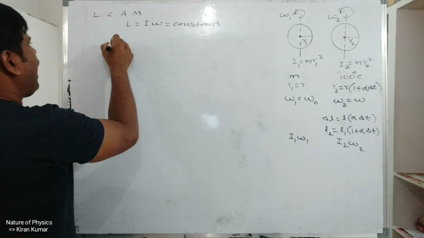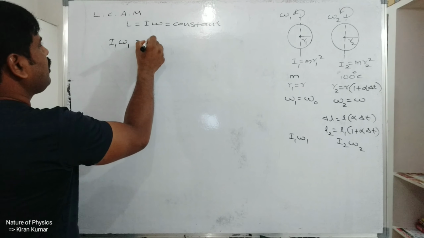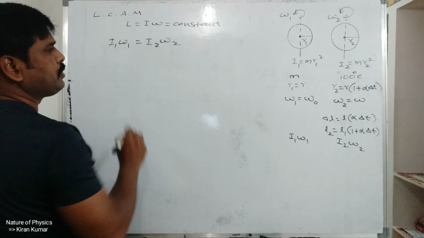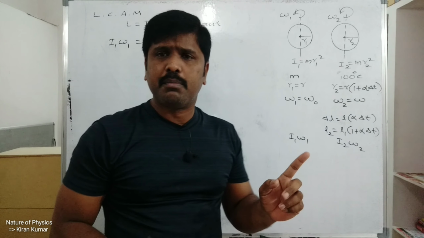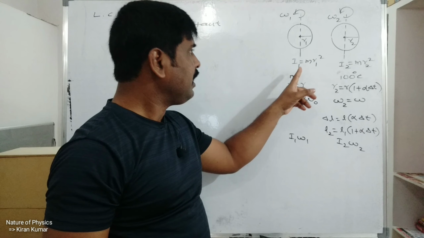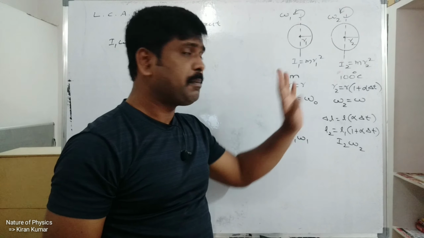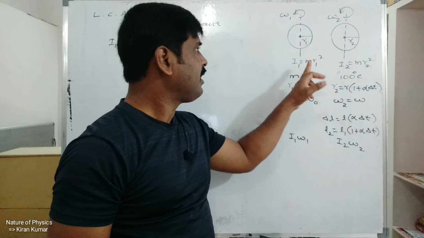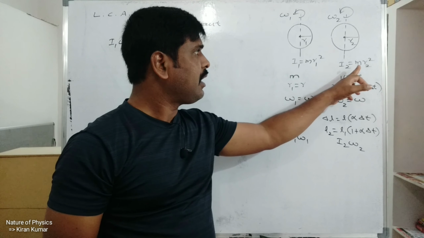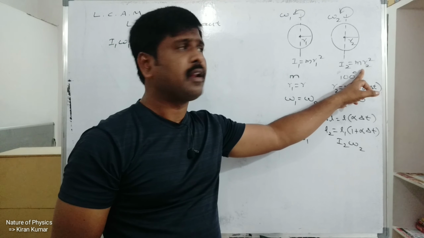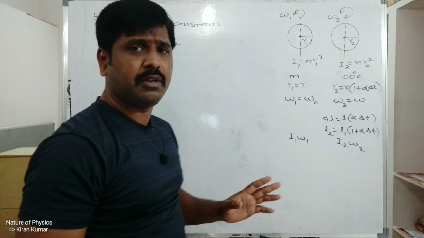So I1 omega 1 is equal to I2 omega 2. But I1 is the moment of inertia initially and I2 is the moment of inertia finally at a temperature of 100 degree centigrade. So m r1 square, m r2 square, moment of inertia respectively.